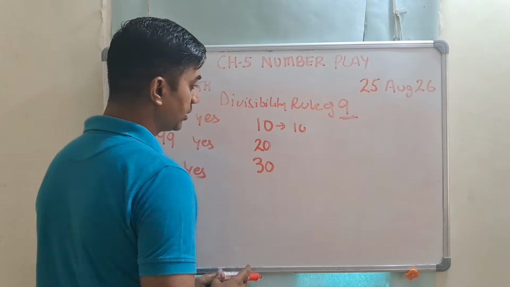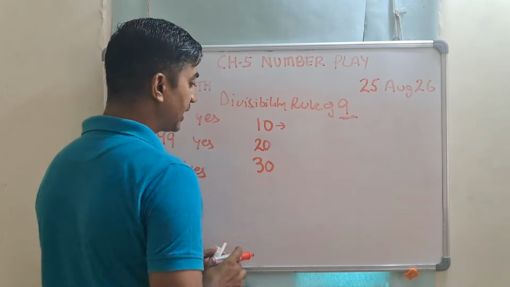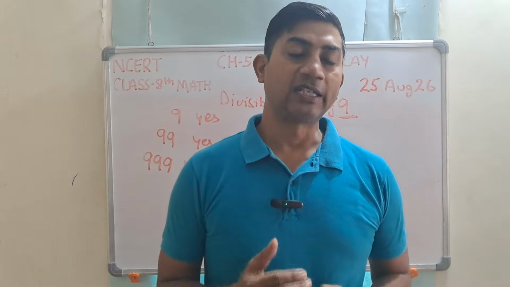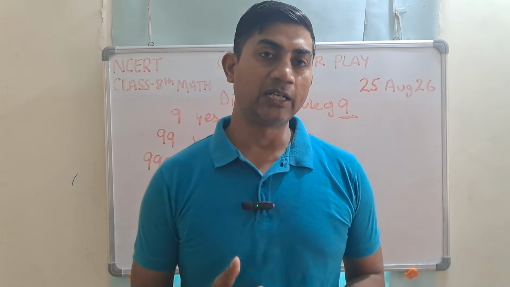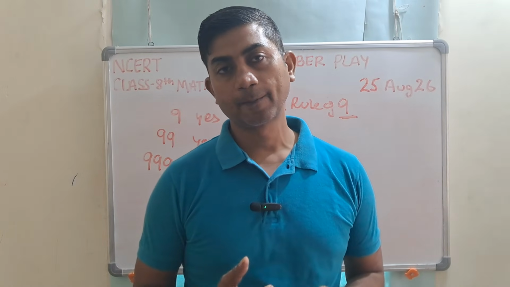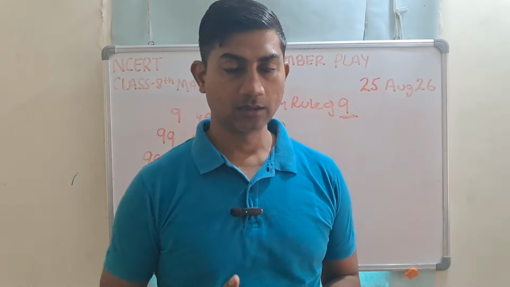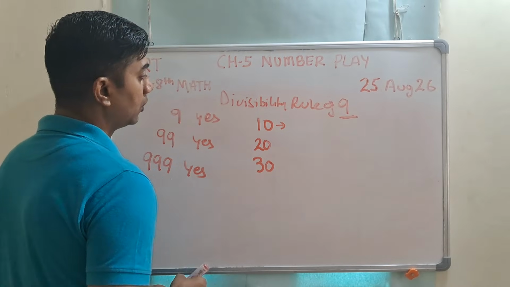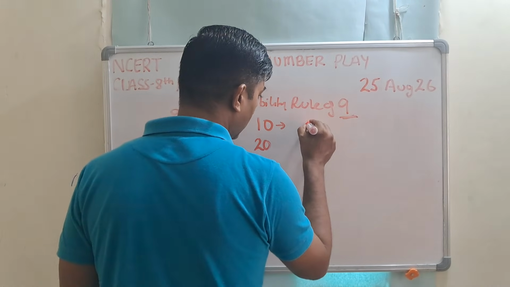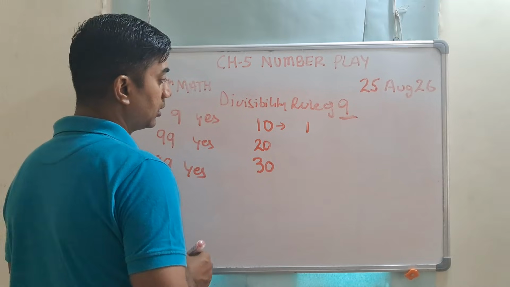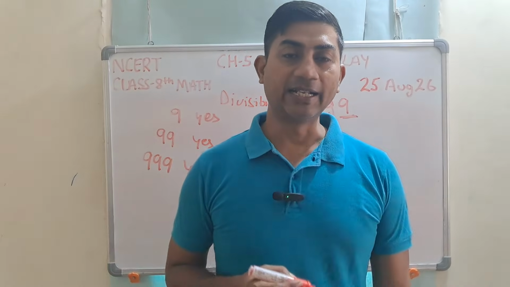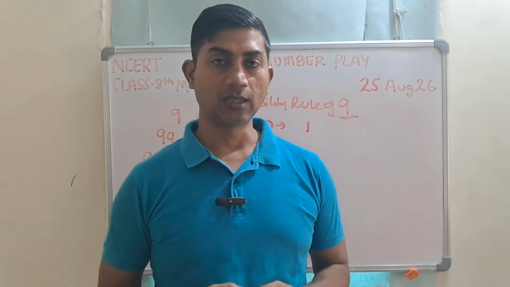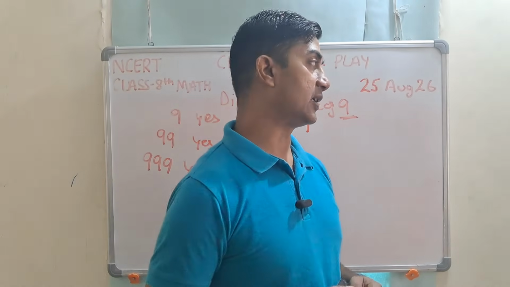When we divide 10 by 9, we are representing that number in terms of quotient and remainder. What is our quotient? 1. We are representing that number in terms of quotient, remainder and divisor. Understood? Quotient, remainder and divisor.